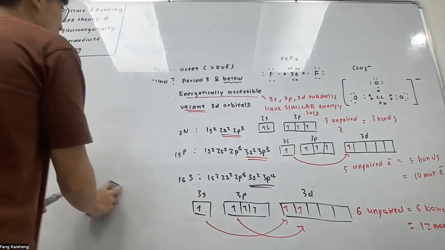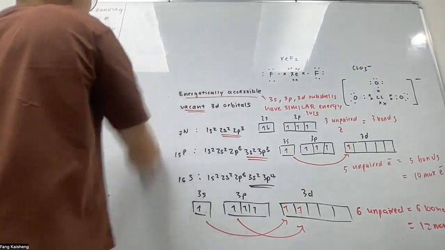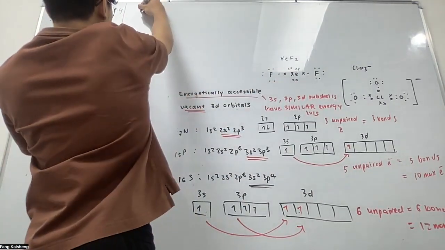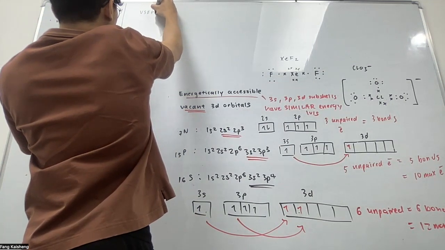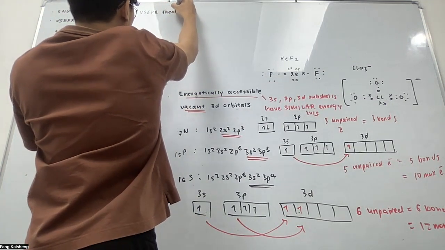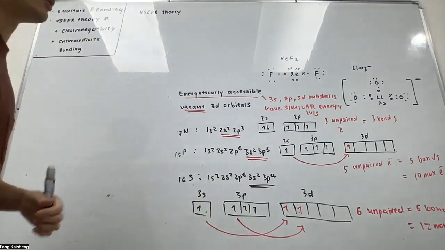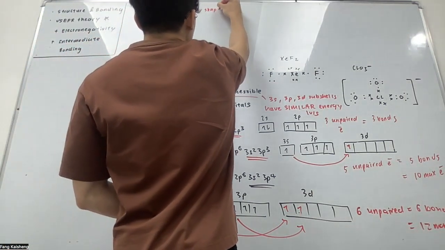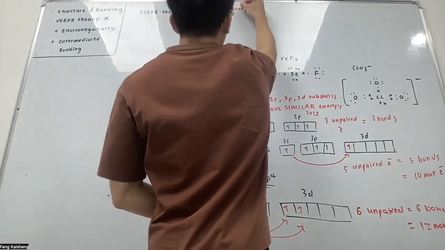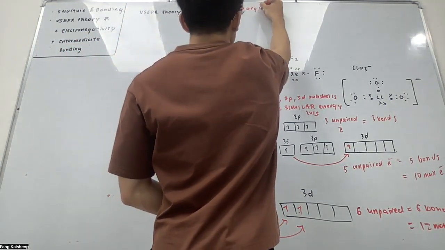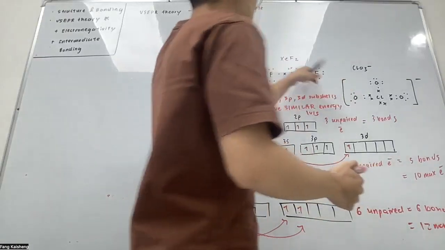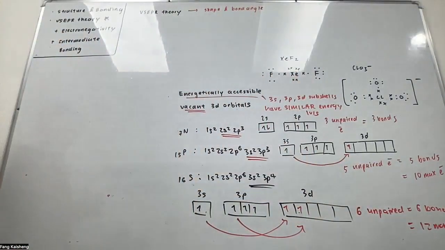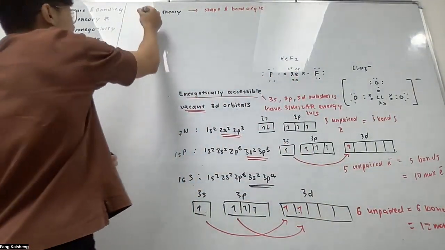Now we're going to look at VSEPR theory, which serves only one purpose: VSEPR theory aims to determine the shape and bond angle of a compound. Right now, we have only just drawn the shape. We have just anyhow placed the atoms like this, but now we need to account for shape and bond angle.